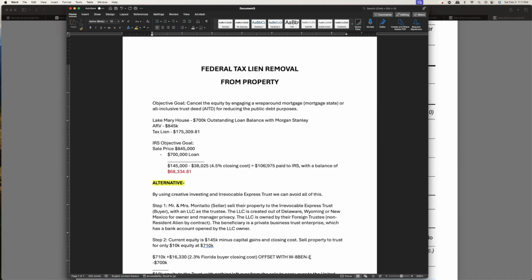They have $106,000 left over, and that will be paid to the IRS with a balance of $68,334.84 that they still owe. Who knows when it's going to be collectible, but if that stays there over 10 years, it's non-collectible. They have a 10-year limit to collect. Keep that in mind, 10 years to collect, according to the IRM.